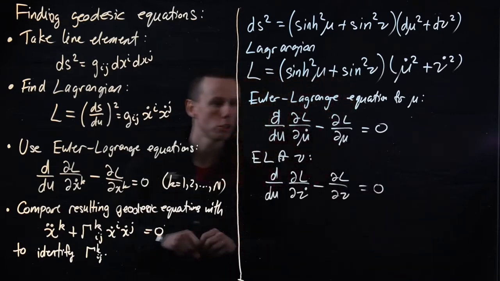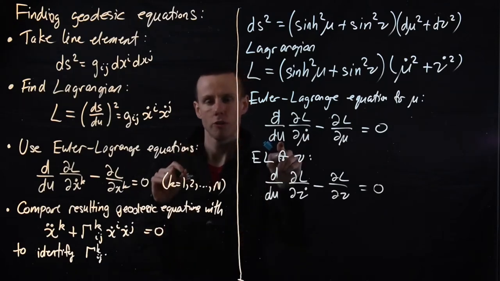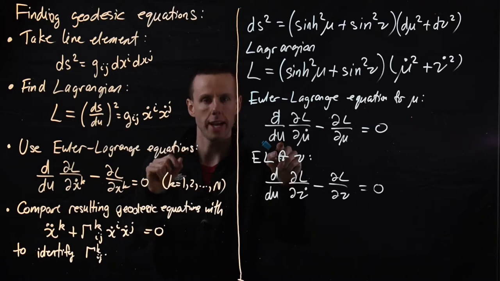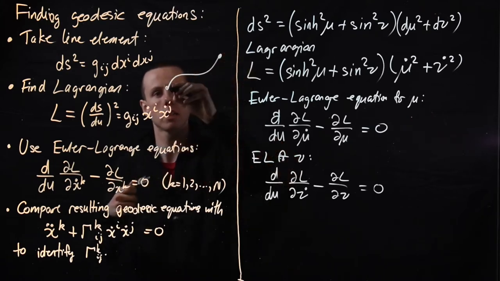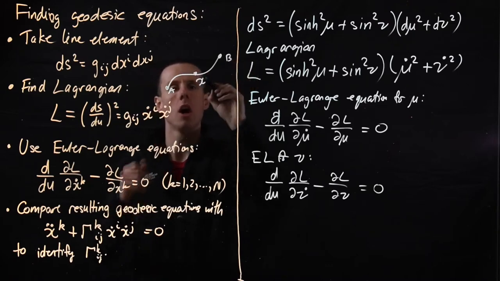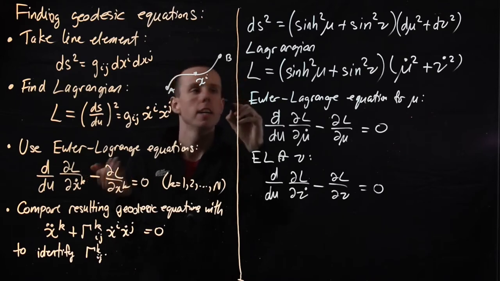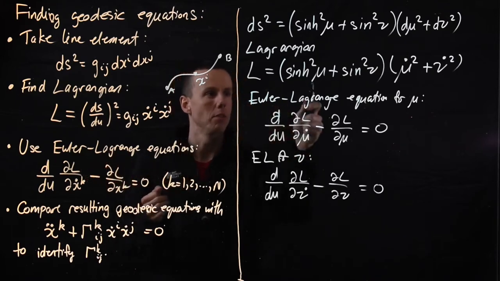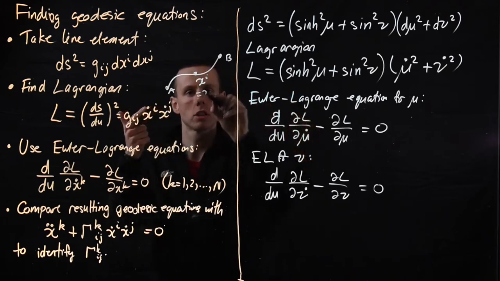And by the way here, just remember what u is. u is a parameter for the geodesic. So at the end of the day, if this is your geodesic between 2 points, and if you pick a particular point on the geodesic, it has coordinates x i. So in other words here, it'll have coordinates mu and nu, but they are functions of some parameter u.